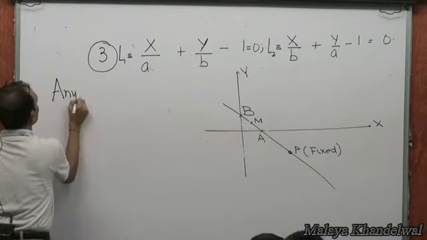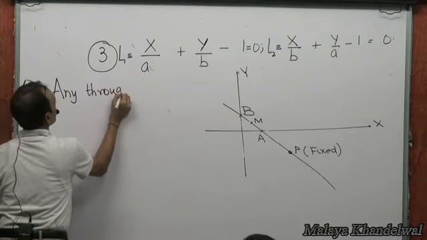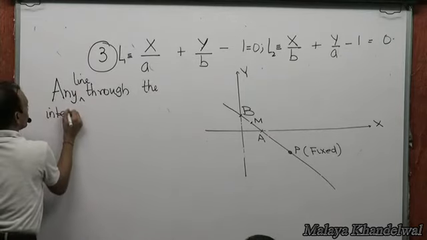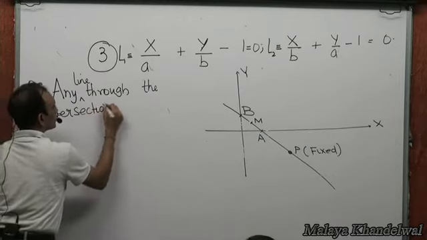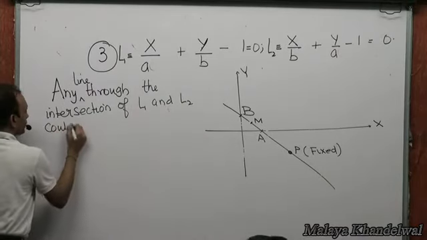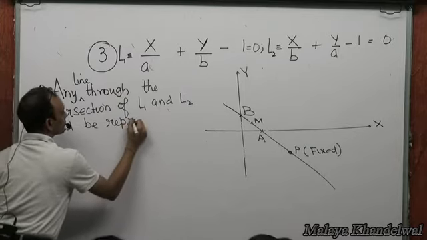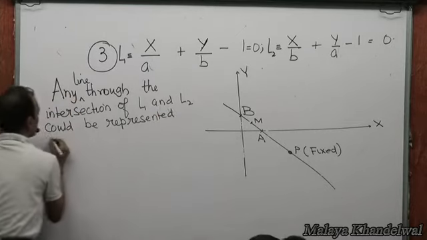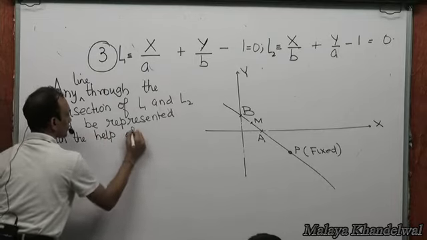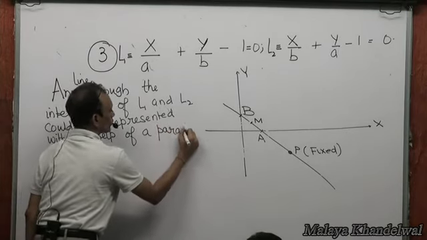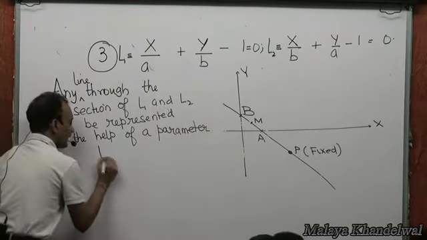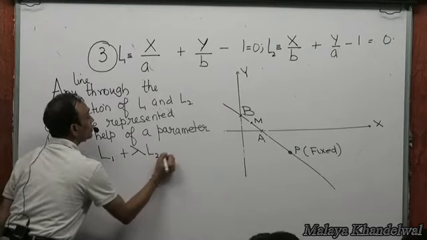Any line through the intersection of L1 and L2 could be represented with the help of a parameter lambda as L1 plus lambda L2 equal to 0, isn't it?